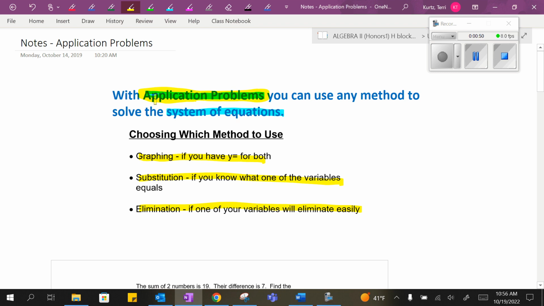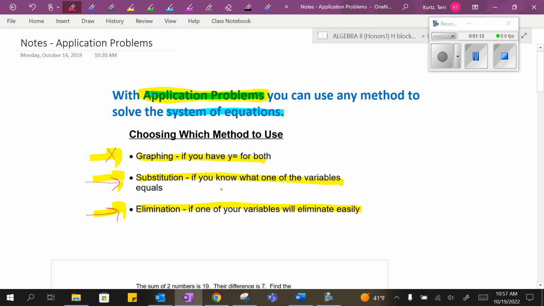So in theory, you could use any of these methods, but you normally won't be graphing to solve a system of equations with application problems, but you could. Normally, we really look at substitution or elimination. And then it's just a decision about which method is best for the equations you have.